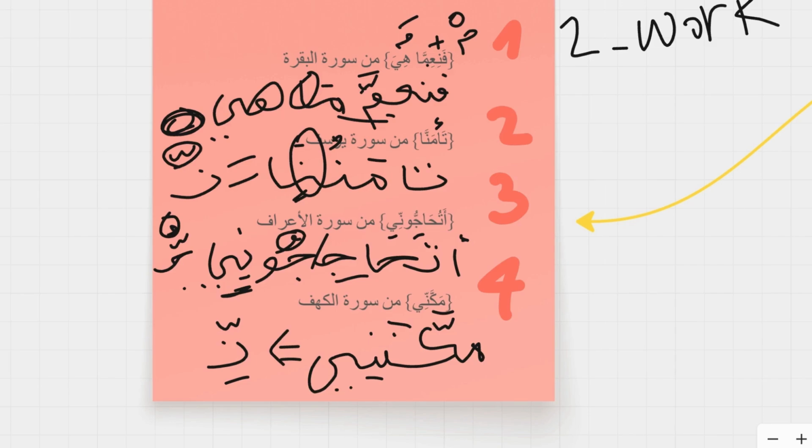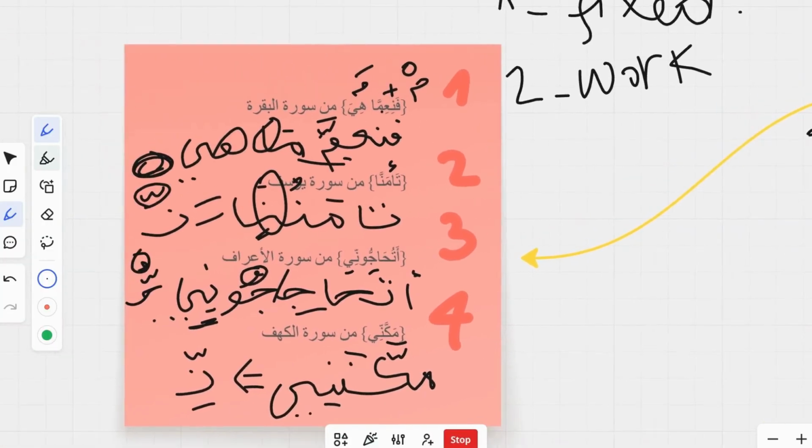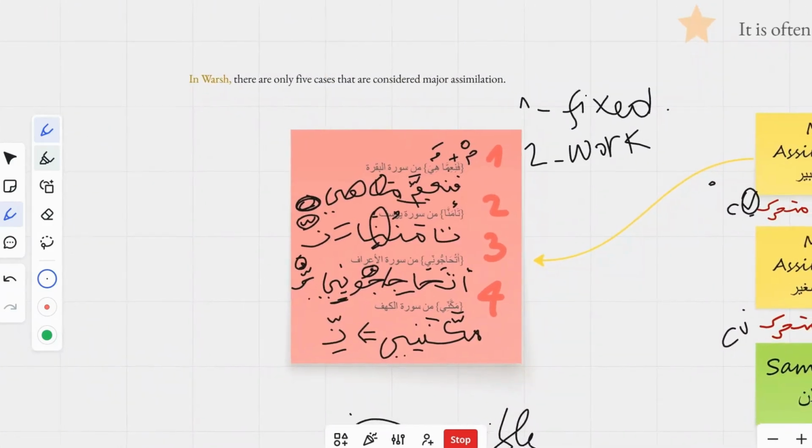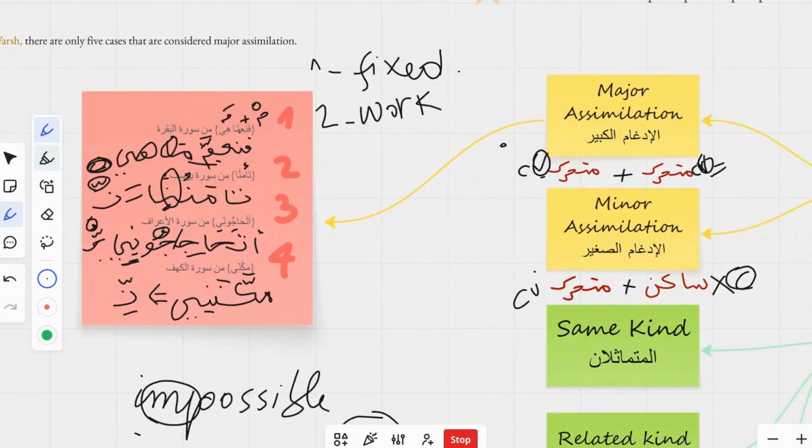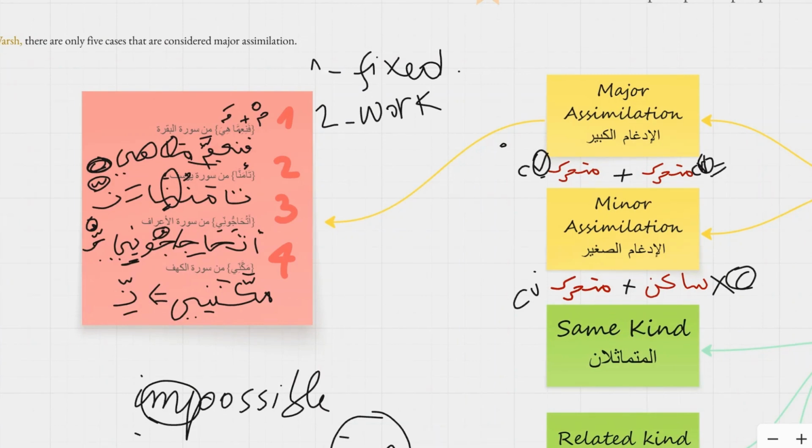Because the original forms are a bit, not difficult to pronounce, but this form is way easier. That's what we have here. فنعم. Okay, so I believe this is the major assimilation. This is basically what I wanted to cover in this video. This is basically the point of the video.